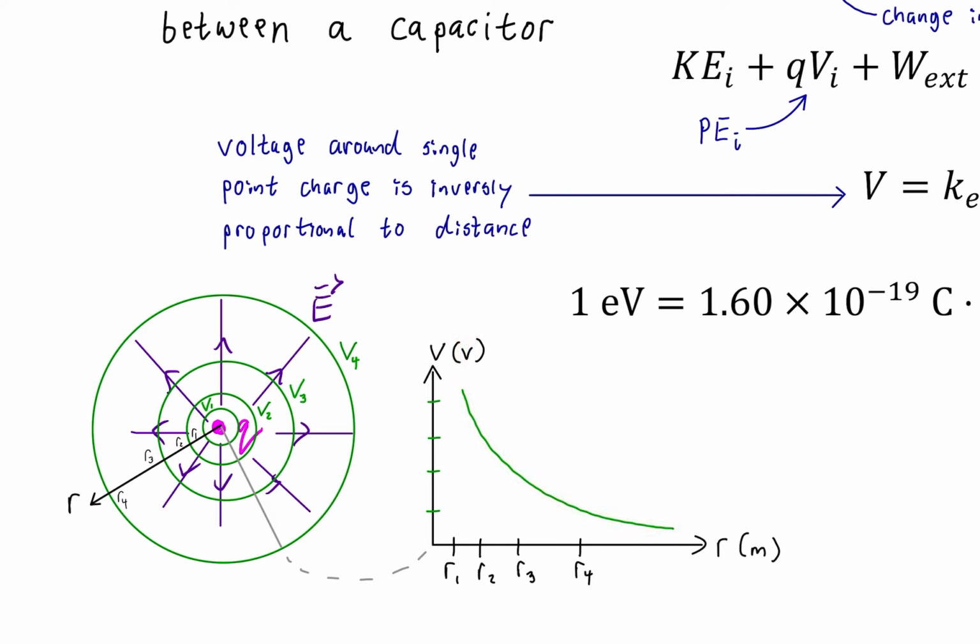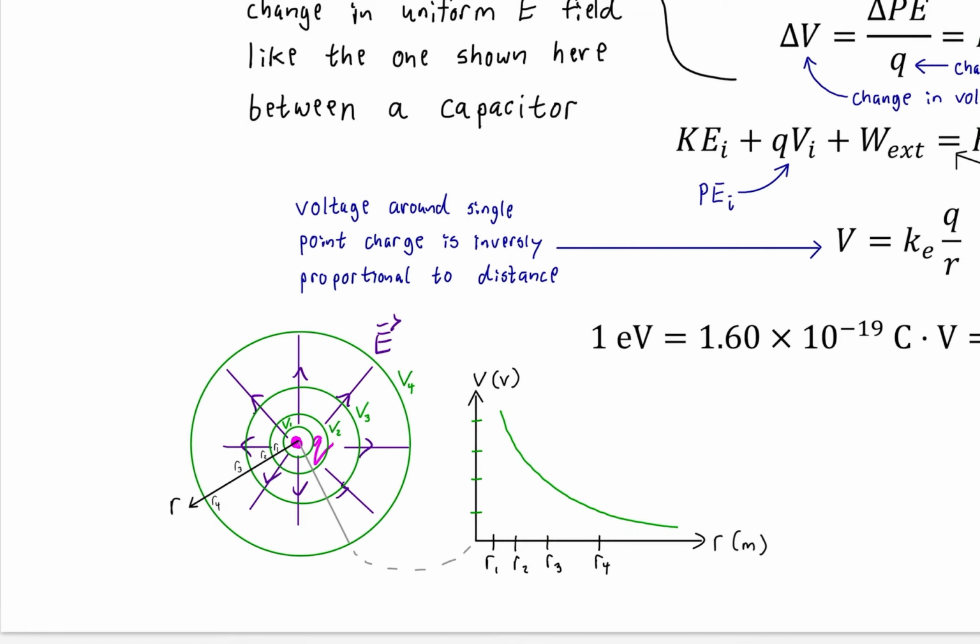And then we can see equally placed voltages at 1, 2, 3, and 4. So this one here would be 1, 2 would be here, then we'd have 3, and then we'd have 4, okay? So as we get further and further away, the voltages fall off. These are all evenly spaced, as I said, but then of course the distances aren't because there's that 1 over r relationship, okay? It's falling off like so, right? So that's the mathematical relationship.